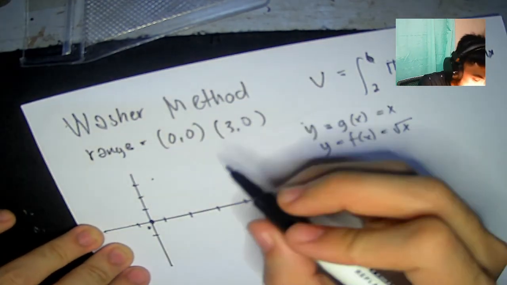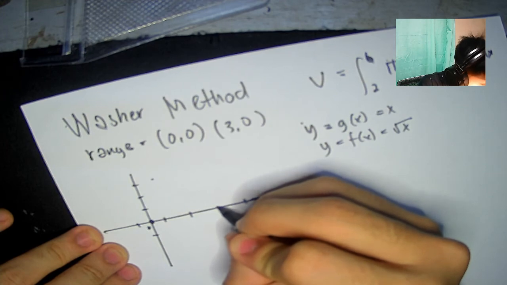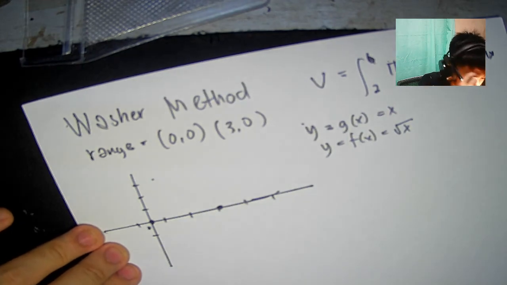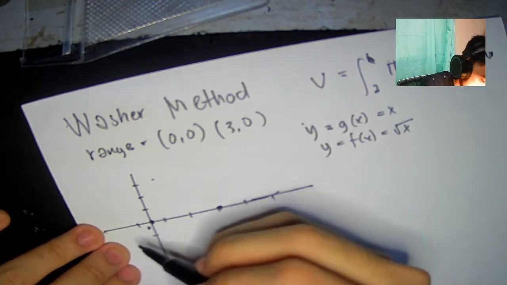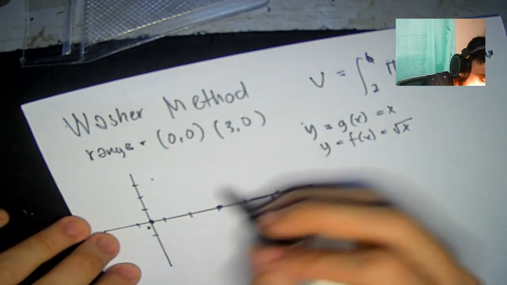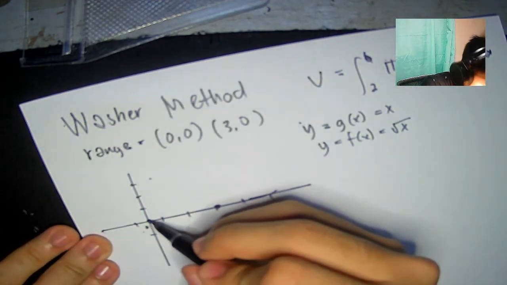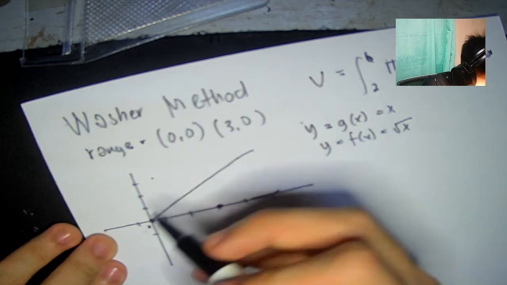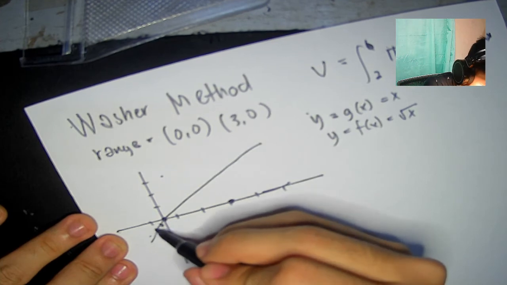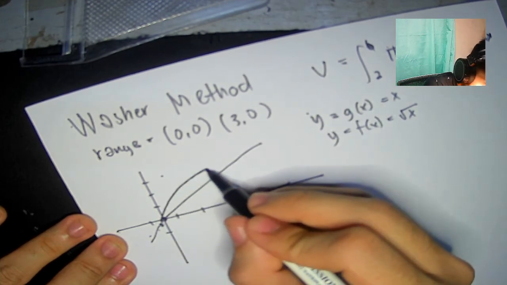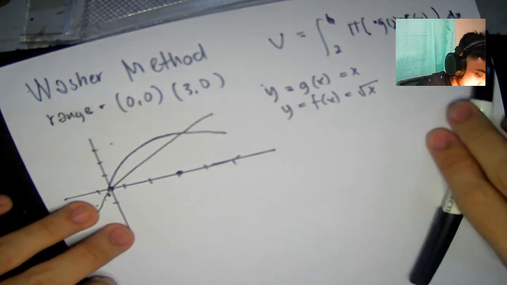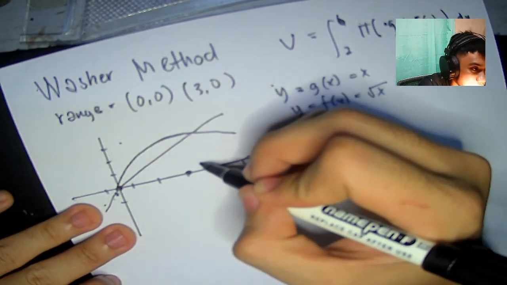So x is 3, 0. So this is the range. The functions are square root of x and x, so it looks like this. Should be straight, so just assume that this point and this point are connected by a straight line.